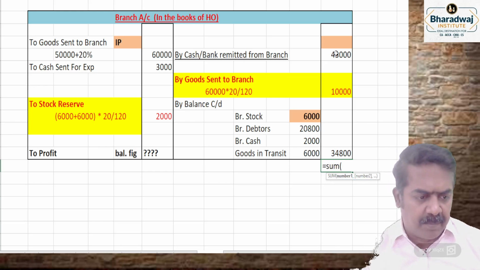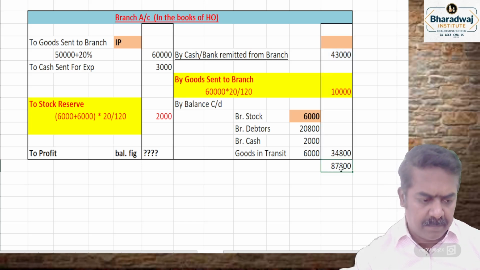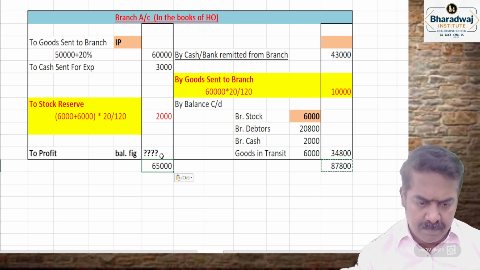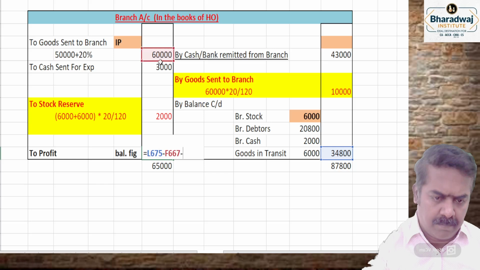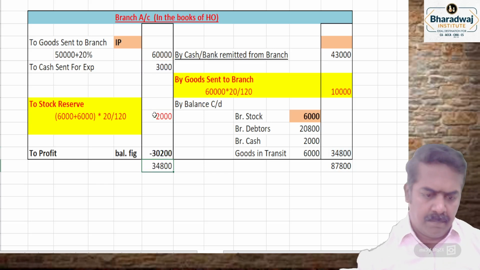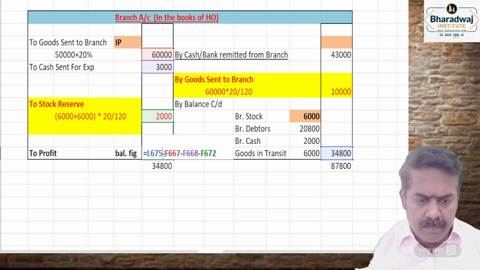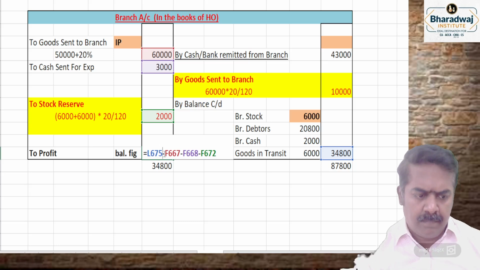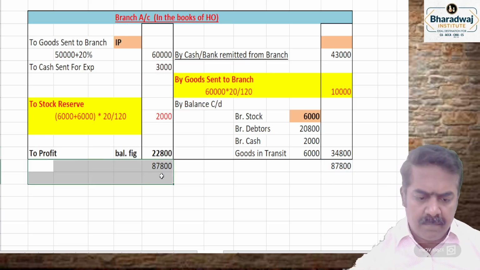Whatever is collected from customers plus the cash sales they would have collected. That's it.